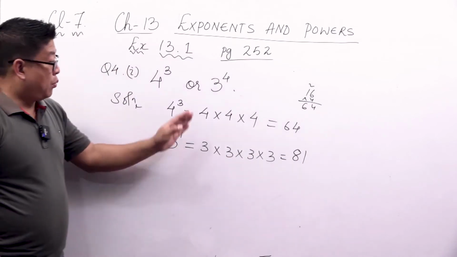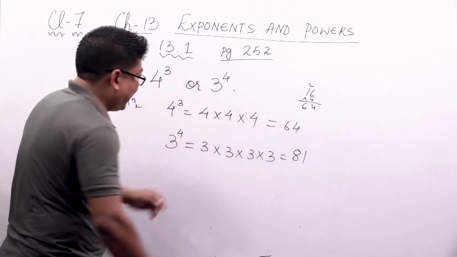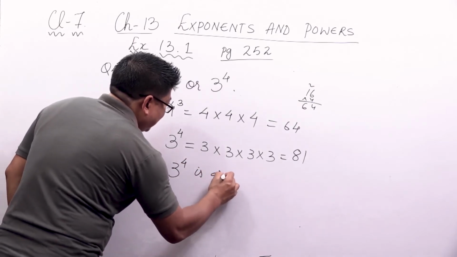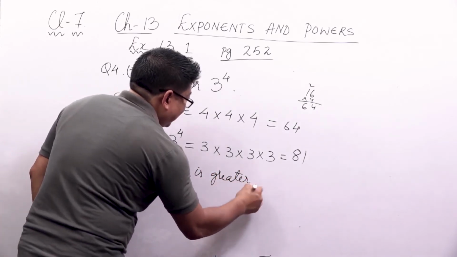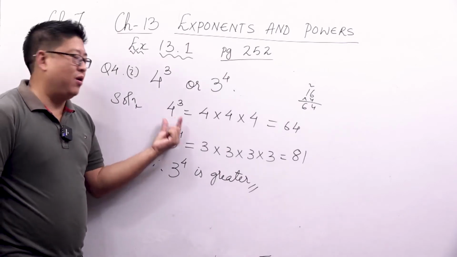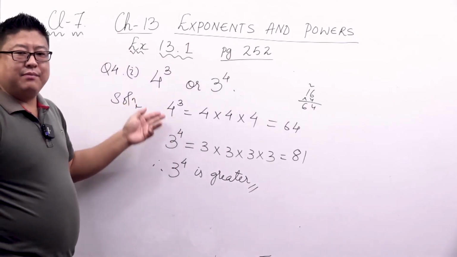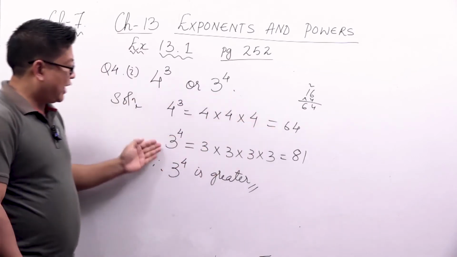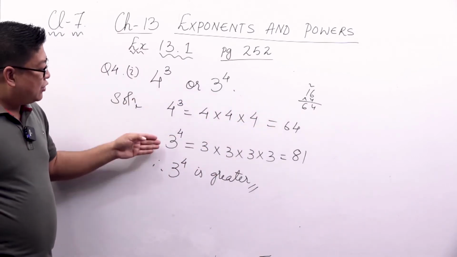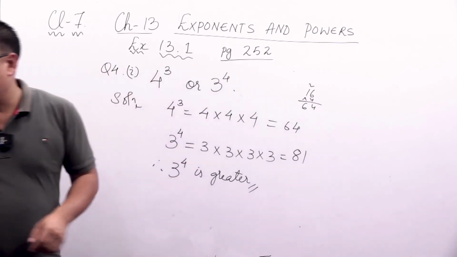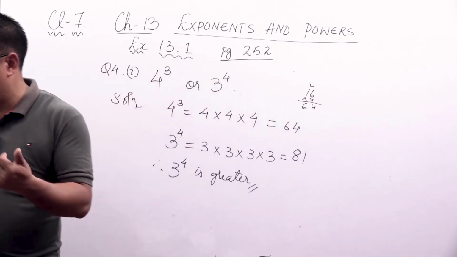So by looking at this, you can say that, therefore, 3 to the power 4 is greater. The base here is 4, the base here is 3, but it doesn't mean that this is bigger. When you solve it, you find that 3 to the power 4 is greater than 4 to the power 3. Similarly, you can try solving all the questions.